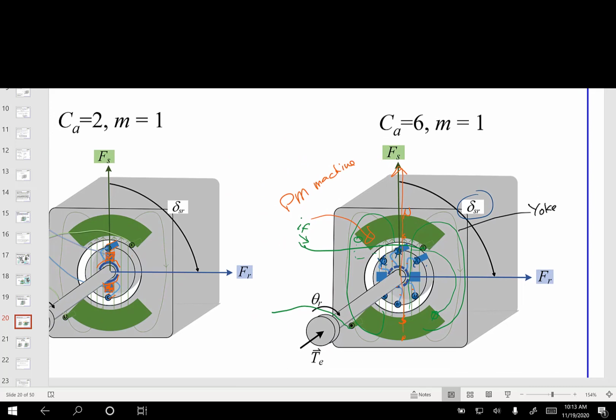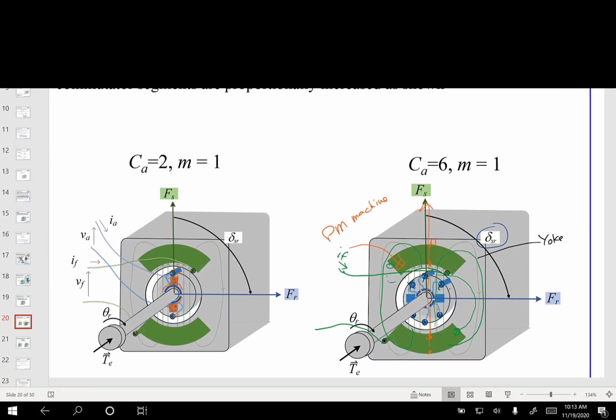Anyways. So what happens, though, is every time you add a commutator segment, we're going to call this little value here the CA.